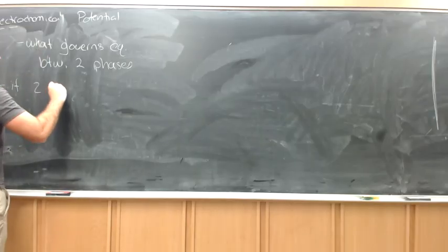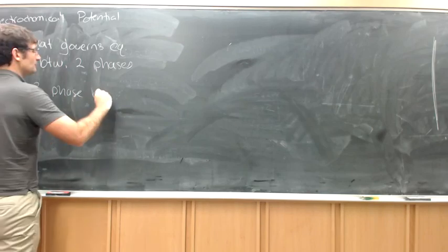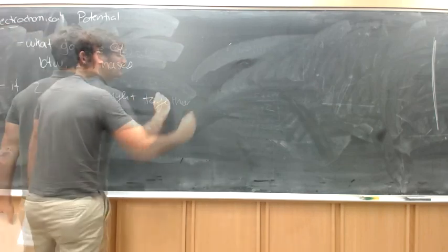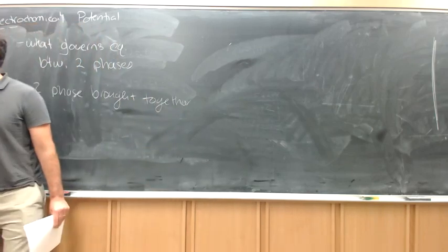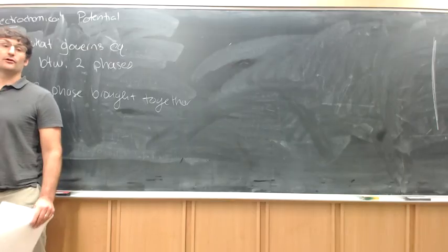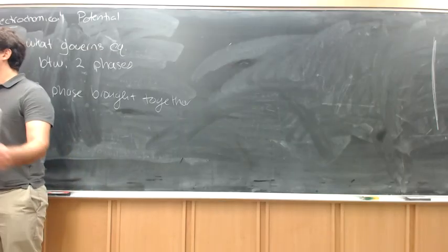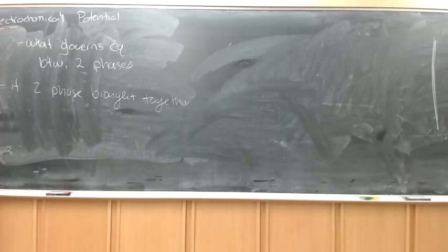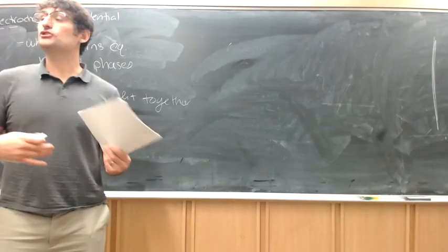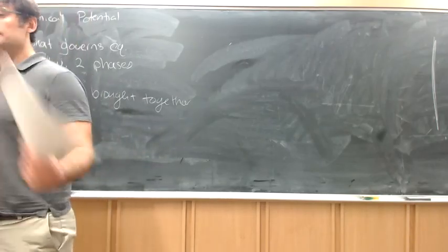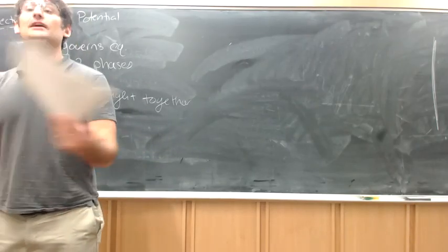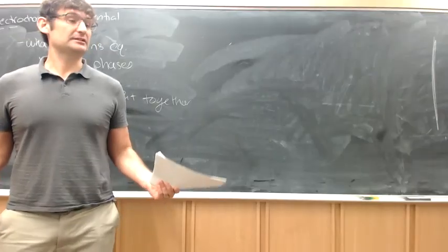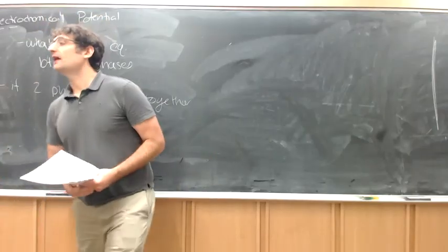If two phases are brought together, for example, silver and silver chloride, or a piece of platinum and a salt solution with some redox couple in it, any two phases, and they're allowed to undergo chemical reactions with each other, exchange atoms, exchange charge, they will come to equilibrium, given enough time. That's one of the central tenets of chemistry.